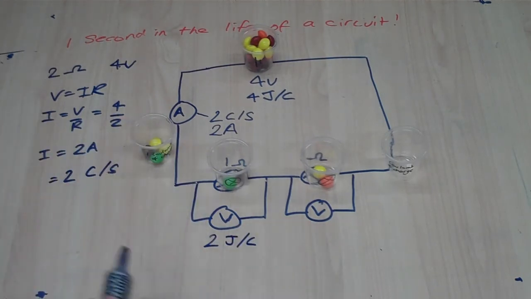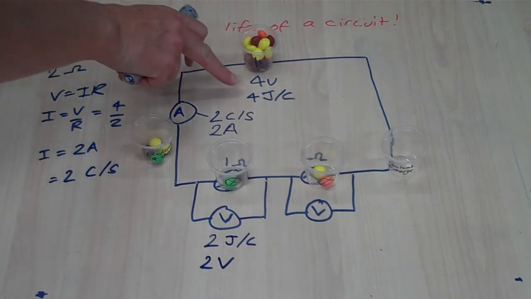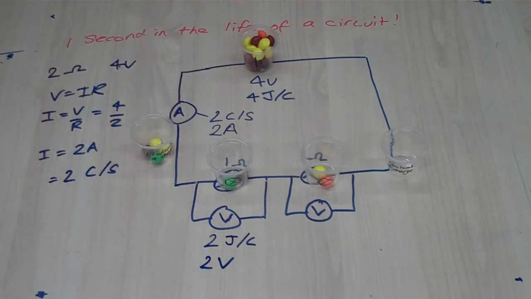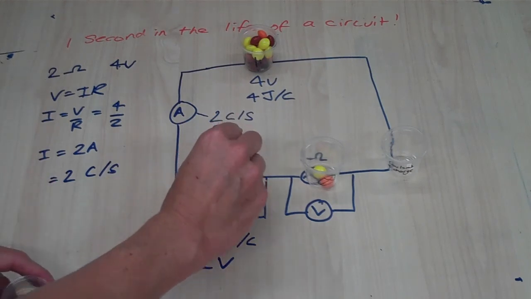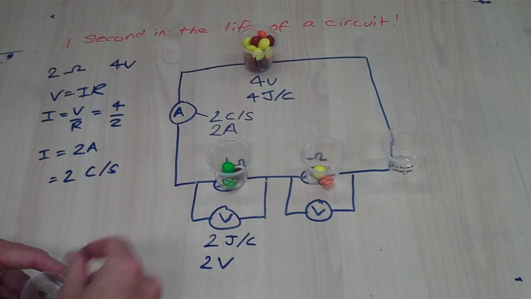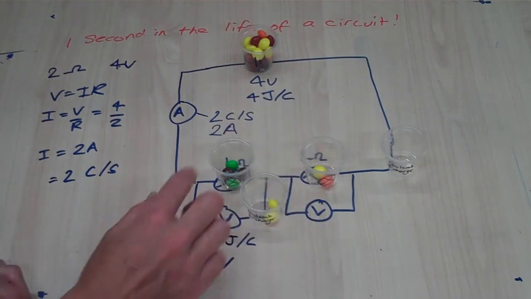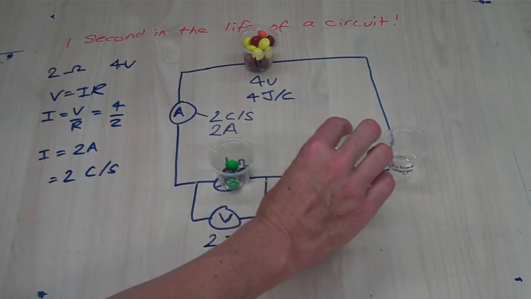So 2 skittles per cup, that's 2 joules per coulomb. That's our 2 volts. So just like up here, volts can also be thought of in terms of joules per coulomb, or the energy being carried by the charges. Same for our second coulomb of charge going past. 2 joules of energy going to the first lamp and 2 joules to the second lamp.